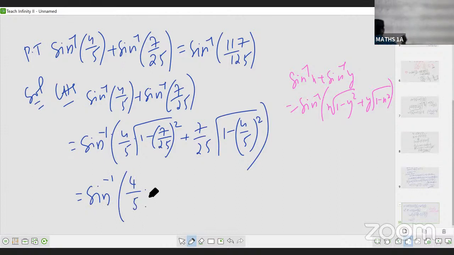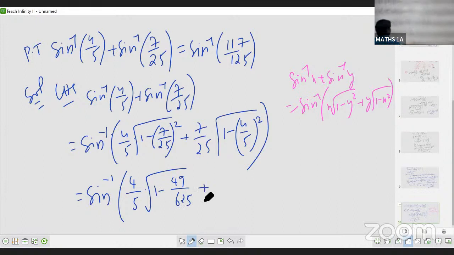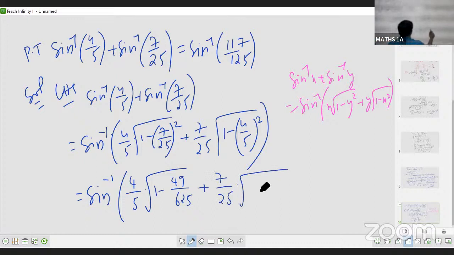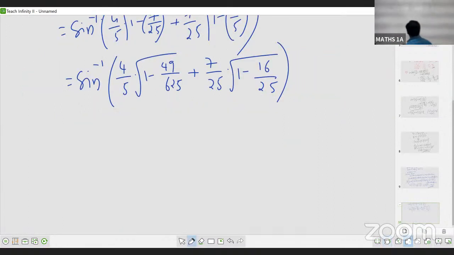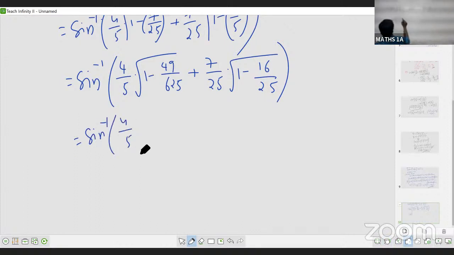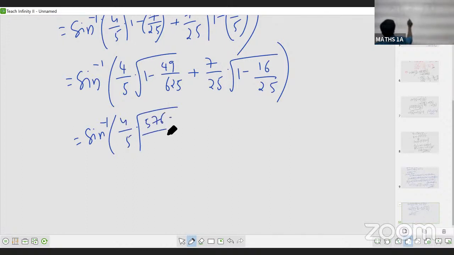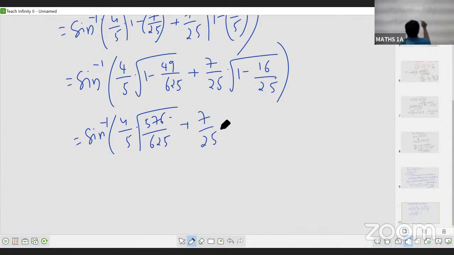That is 4 by 5 into under root of 49 by 625 plus 7 by 25 into under root of 1 minus 16 by 25. That is nothing but sin inverse of 4 by 5 into under root of 625 minus 49, 576 by 625, plus 7 by 25 into 3 by 5.